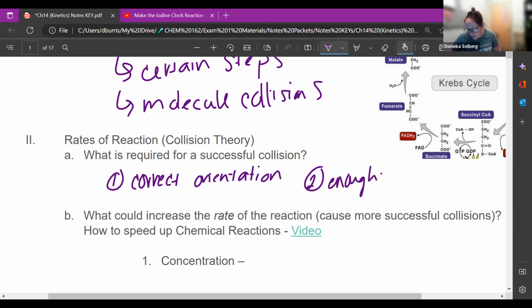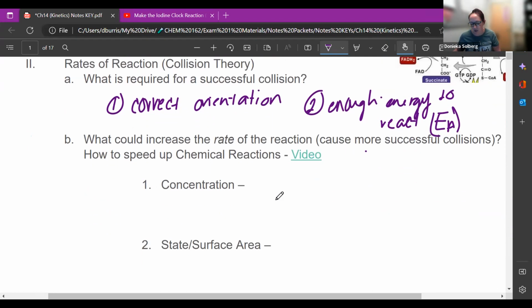This is known as the activation energy, or the EA. You will see it labeled, the amount of energy it needs to actually activate for the reaction to happen. For example, if two molecules just brush past each other, they are not going to react, but if they have enough energy to actually collide and stick, we might get a reaction. That's what the activation energy represents.